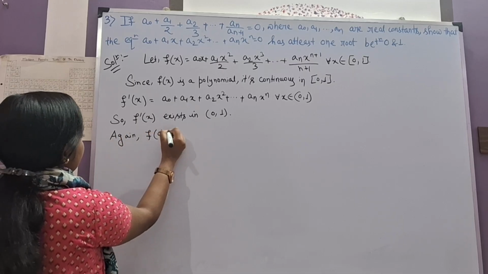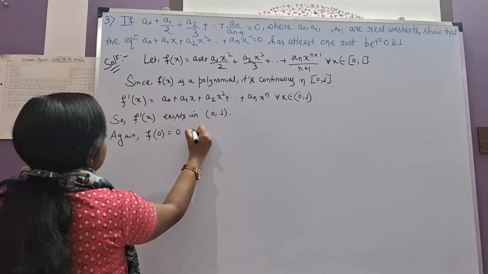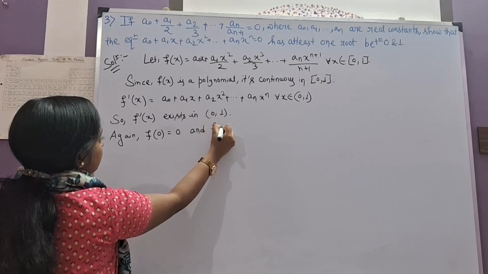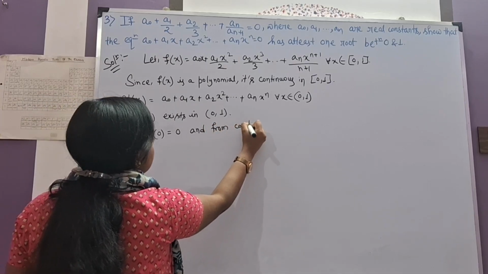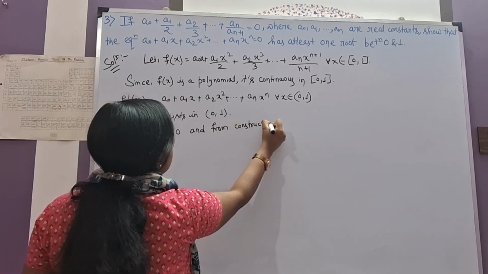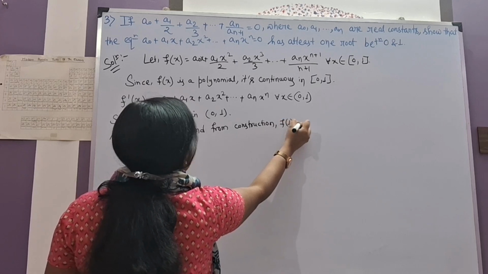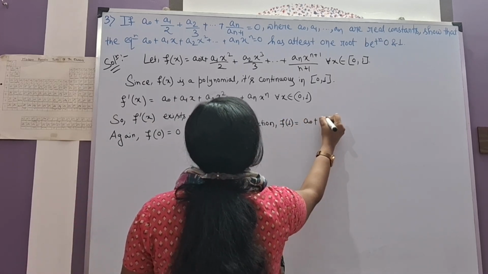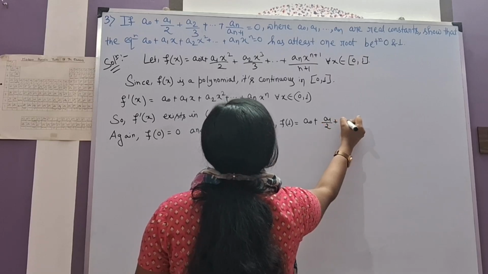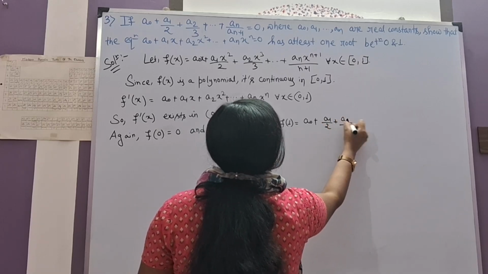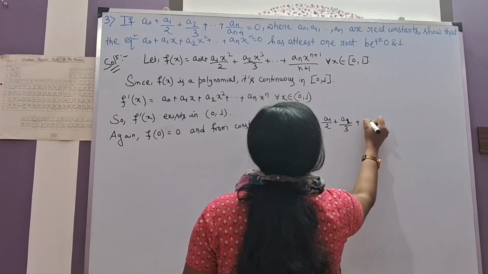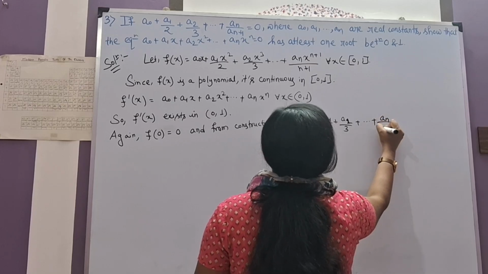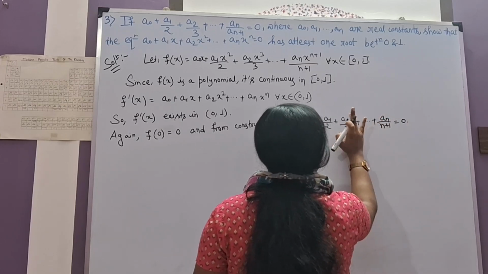Again, f of 0 equal to 0 and from construction f of 1 equal to a0 plus a1 by 2 plus a2 by 3 plus ... plus an by n plus 1 equal to 0.